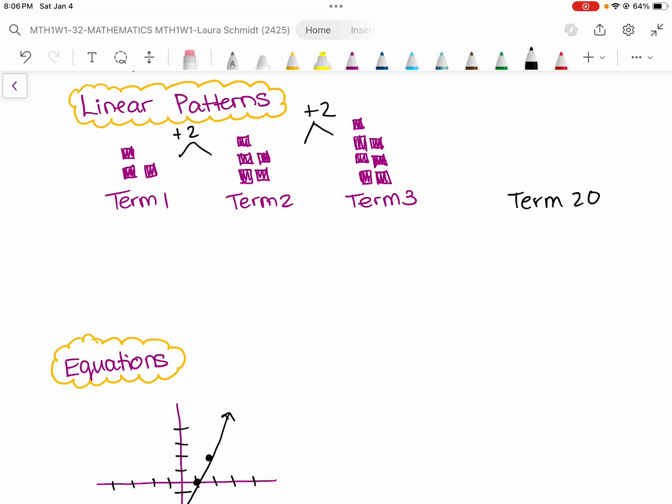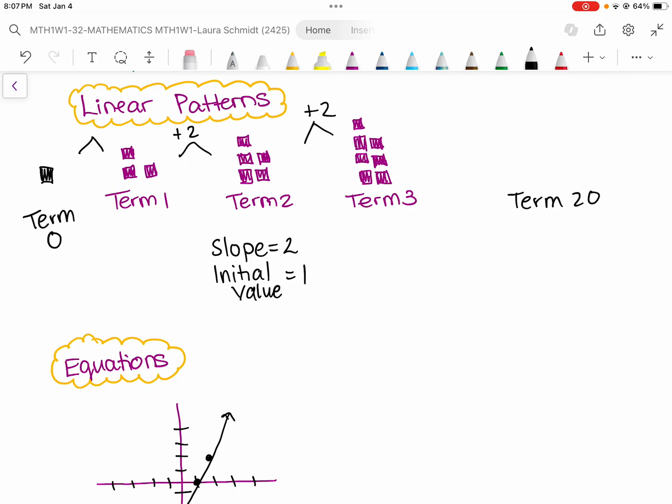So if it's going up by 2 every time, that means the rate of change or the slope of the pattern is 2. If we were to back it up to see how many tiles there are at term 0, so if I were to take 2 tiles away from term 1, I can see that there's only 1 tile there. So I know that my initial value, or my y-intercept, must be 1 tile.